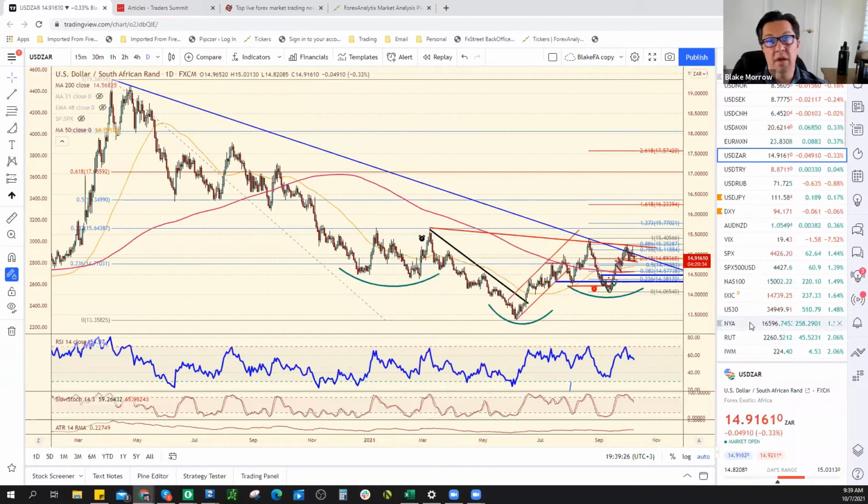Something like that. I think that's probably a pretty valid way to look at it. Personally, if this starts to get up and go, we get above this 1540 level, I do want to be long a little bit more. If I don't have my position on, I'll want to establish a new long.